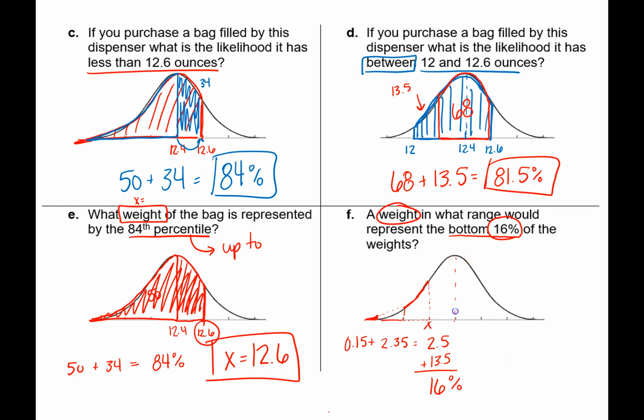Compared to the mean, that was one standard deviation to the left, which means that x value is going to be 12.2 based on the labeling that I did earlier. So the bottom 16% are going to weigh less than 12.2 ounces.